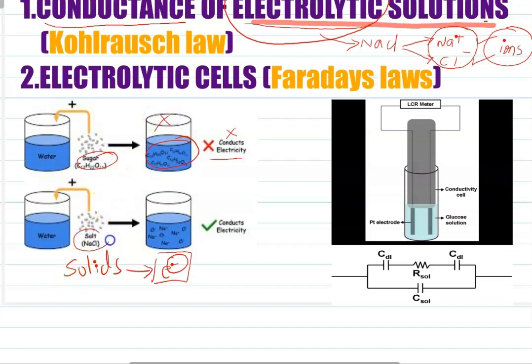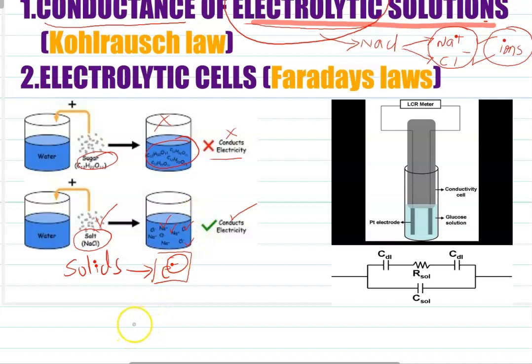NaCl is a very good electrolyte. When it is dissolved in water, Na+ and Cl- ions are formed, and the movement of these ions leads to conductivity. You can take it as a solution or in a fused, that means melted, form. But in solid form, they won't give you electricity. This also must be remembered.